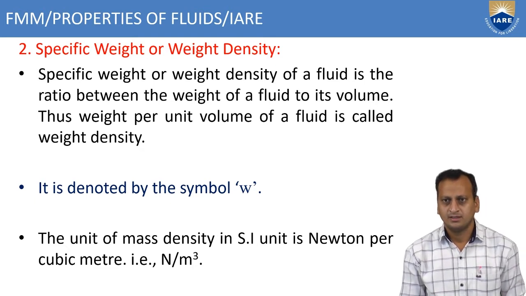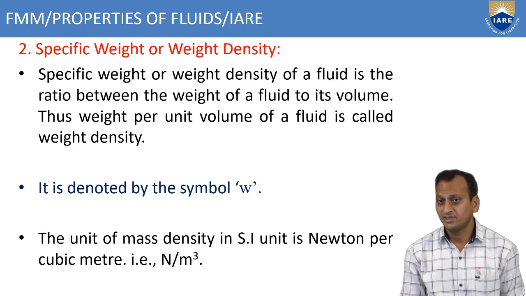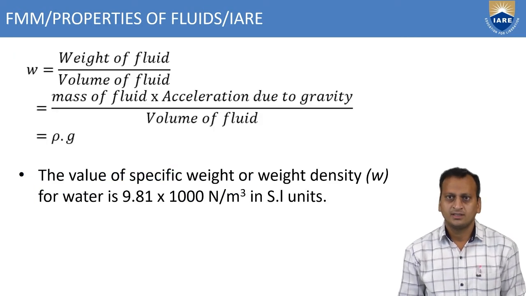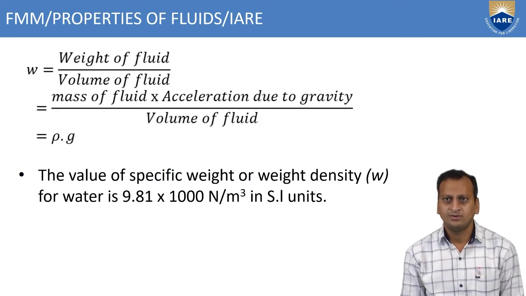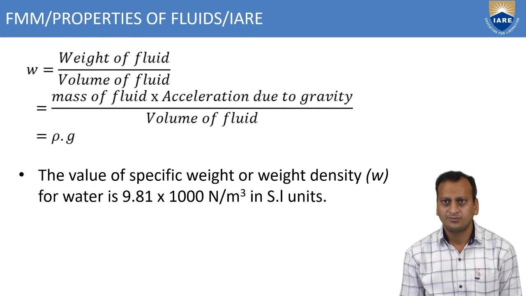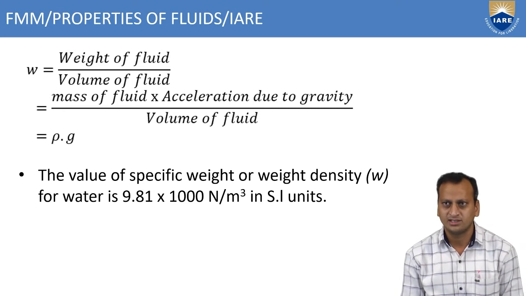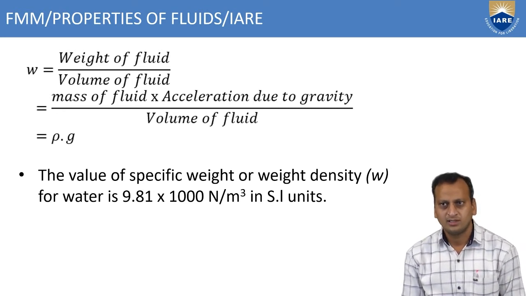Since it is weight per unit volume, its units will be Newton per meter cube in SI units. Here we can write specific weight as weight of fluid by volume of fluid. According to Newton's second law, weight is equal to mass of fluid into acceleration due to gravity, upon volume of fluid.